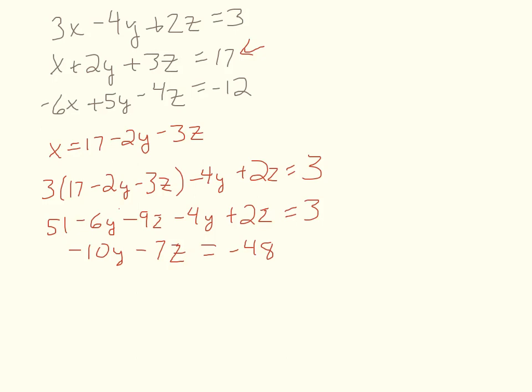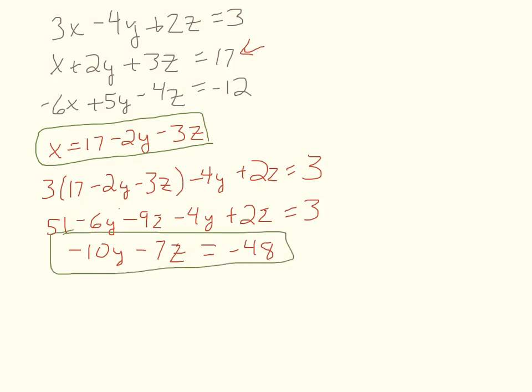So let me identify this equation, which got me to this point. If I then took this equation and that third equation, then I can get more of what I want. So I'll take this 17 minus 2y minus 3z, plug it into this negative 6x equation, get another y and z formula, and we can go from there.